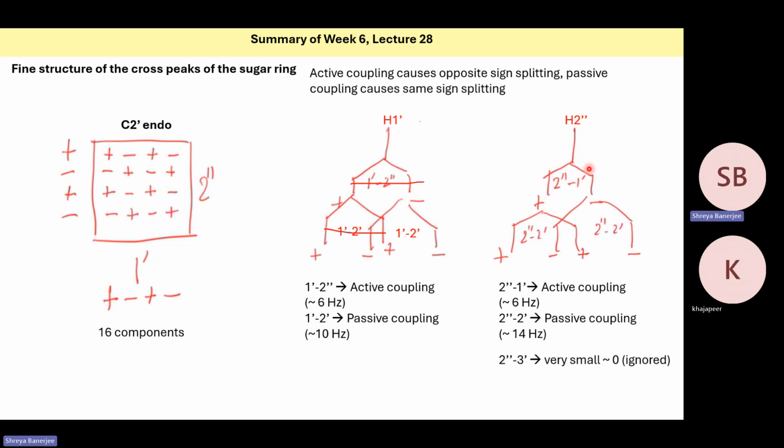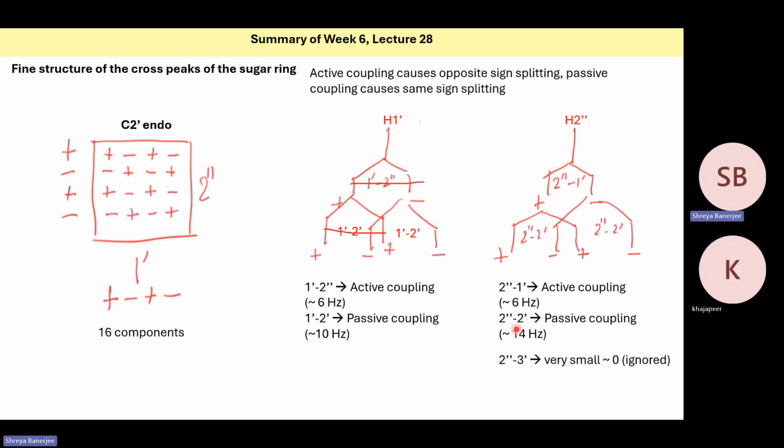Now 2 double prime, it will combine with 1 prime and it will also combine with 2 single prime. Now, if you remember, we just saw that 2 double prime, 3 prime coupling is very small. It is around 0 Hertz, so we ignored it. So 2 double prime is initially split by 1 prime, and this is 6 Hertz.